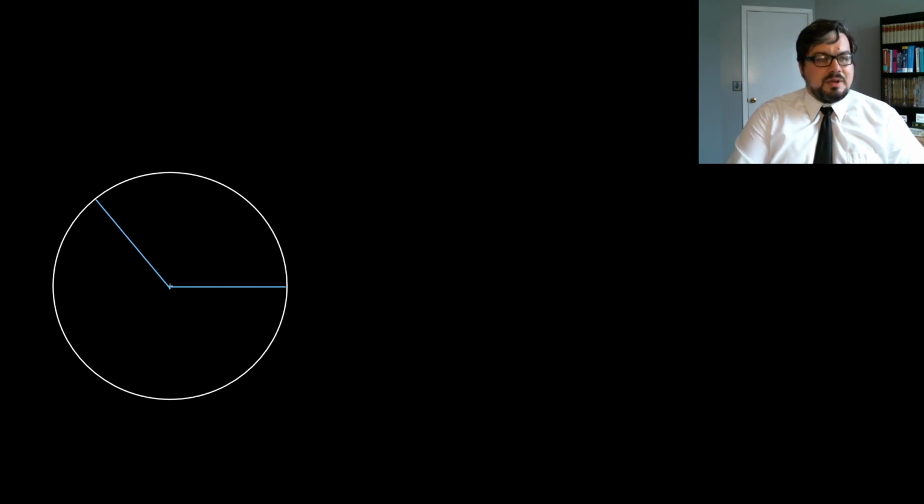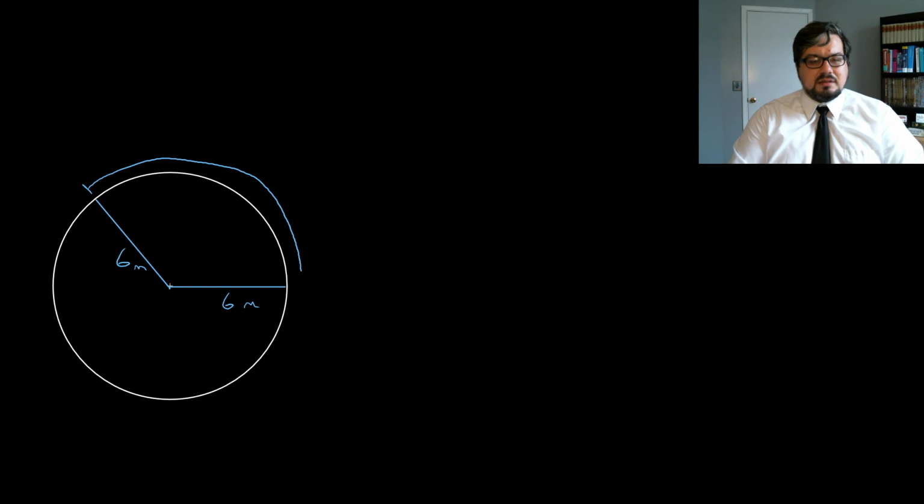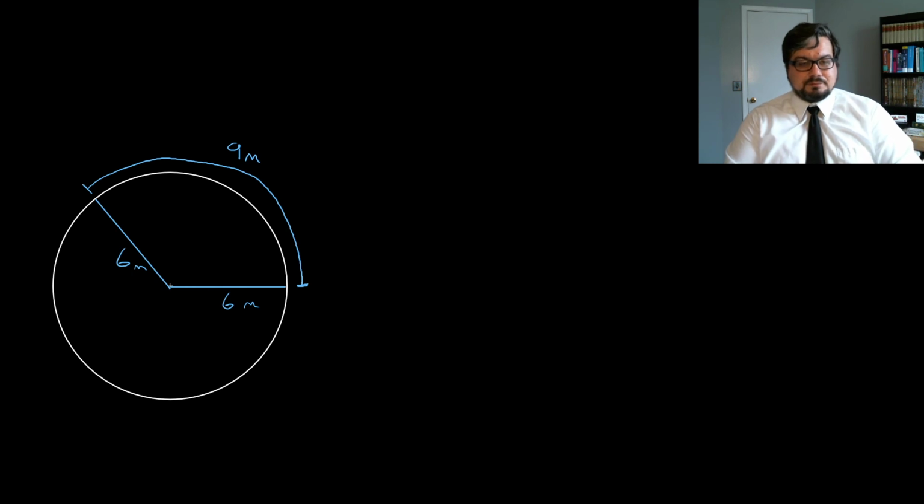Let's say that we are given that the radius of this circle is 6 meters. We've got a big circle, 6 meters, and then we're also told that this distance is 9 meters.